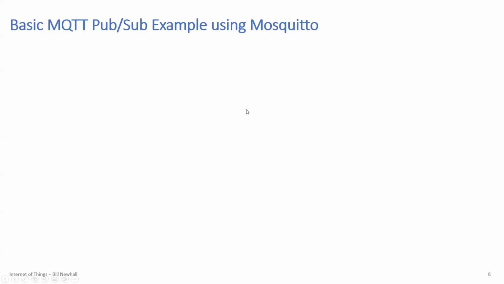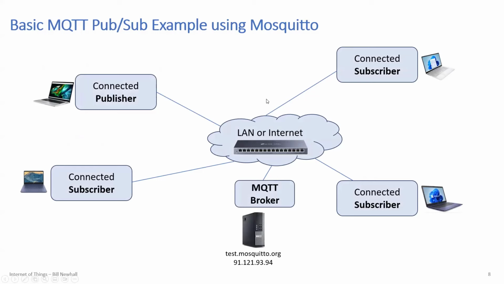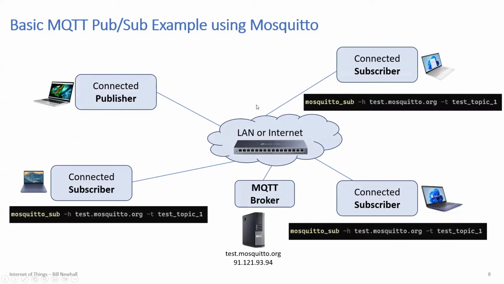Okay. So taking you back a couple slides, I want to set the context to continue this conversation. So we're talking about communicating using this pub-sub architecture over a network. And I was showing examples using Mosquitto. Mosquitto is software that implements MQTT clients and a broker.